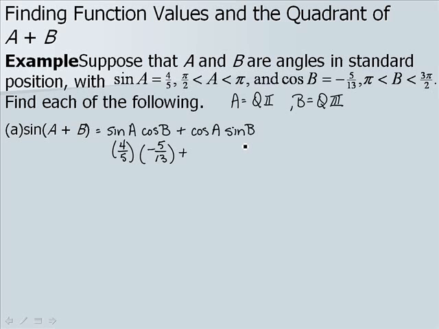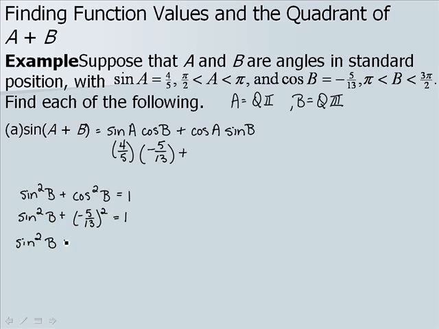First, let's use the identities. So we know that the sine squared of b plus the cosine squared of b is equal to 1. And we know that cosine of b is -5/13, so we're trying to find the sine of b here. So we plug in -5/13, which we want to square.